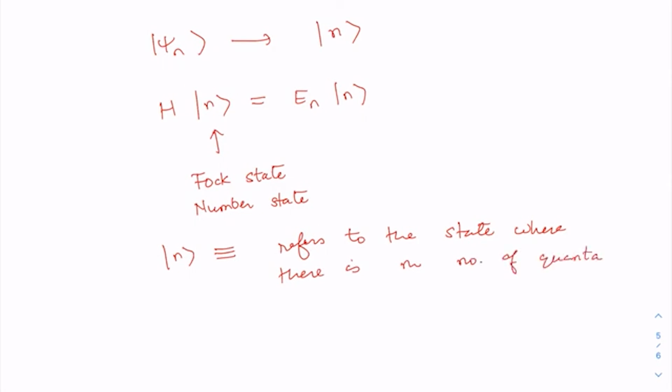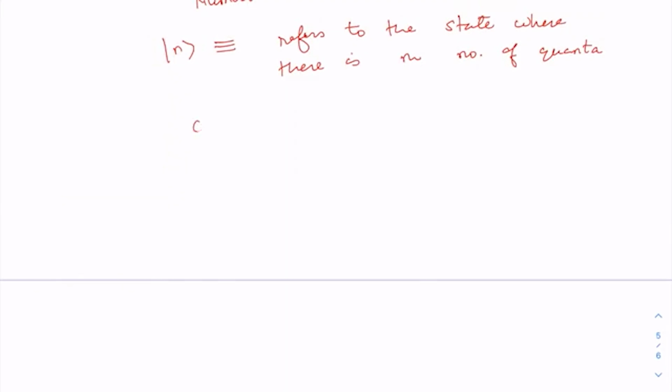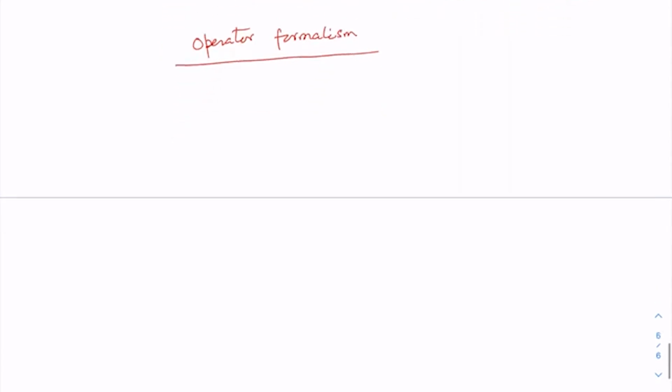Okay. Now there is a very useful formalism called the operator formalism of the harmonic oscillator, which is going to be very useful for us. The idea here is that we can introduce operators which may take us from one energy state to another energy state.